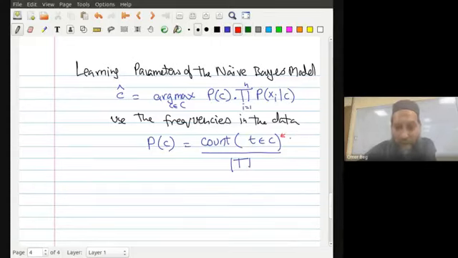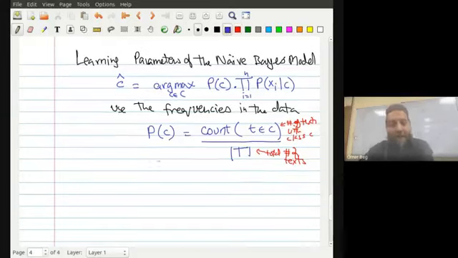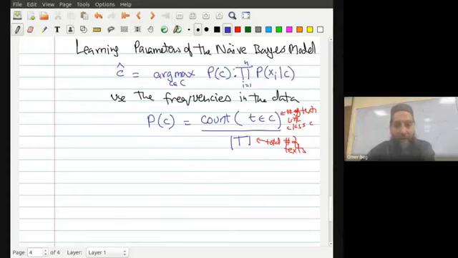So here we are saying number of texts with class C, and this is the total number of texts. So that's our prior. Up till now we have calculated this prior.